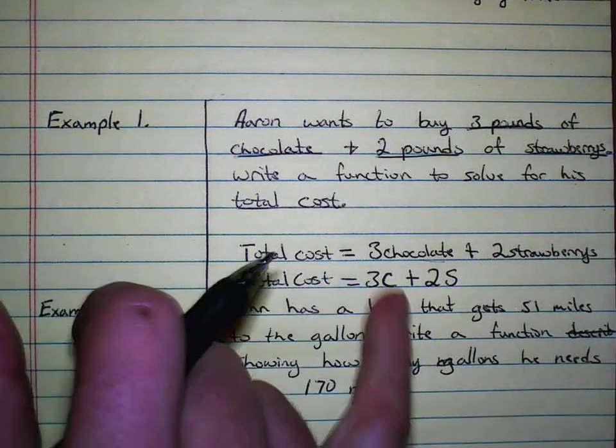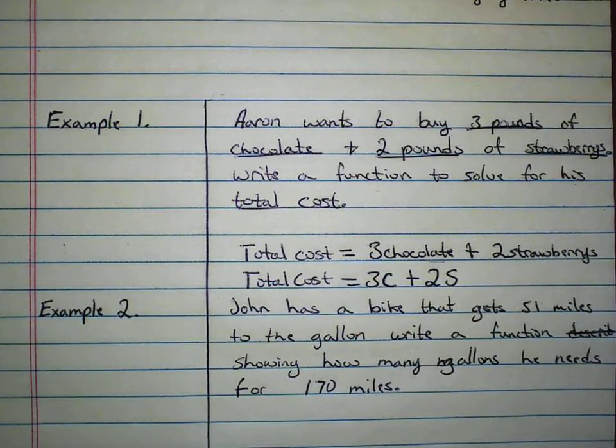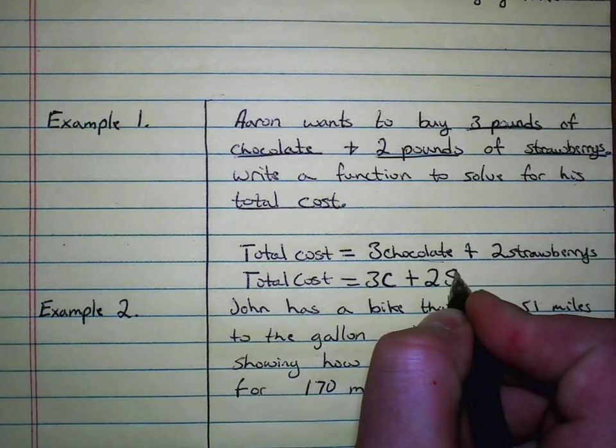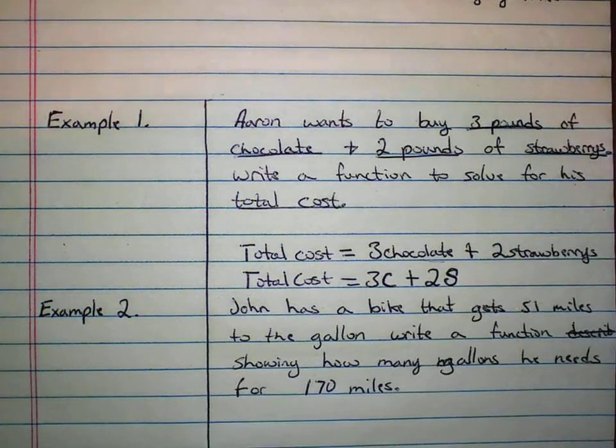Well, until I tell you what the C and the S are worth, you can't put it on the scale. You can't figure out how much you're about to pay. All you can do is set up that your total cost will be equal to this function, 3C plus 2S. Let me make that a better S so nobody thinks it's a 5. Okay? Alright. Let's go on to example number 2.